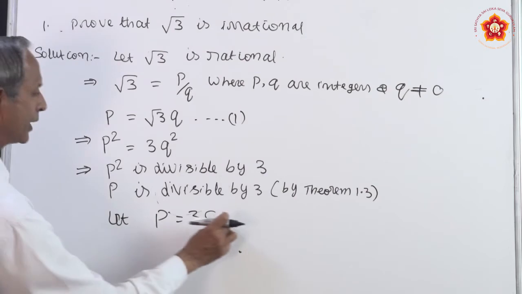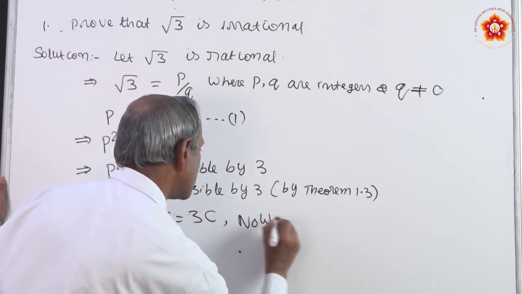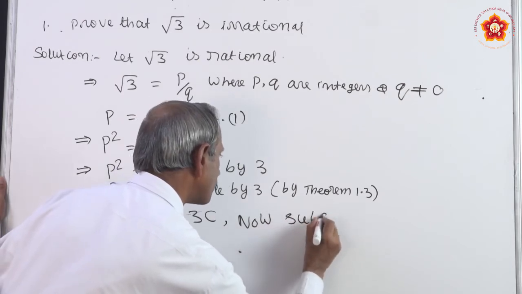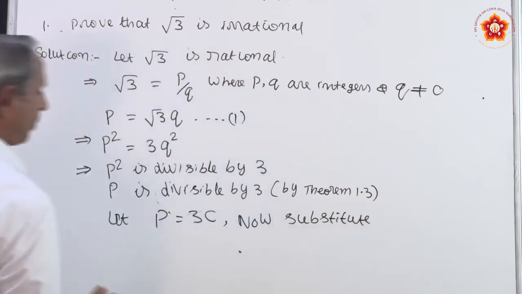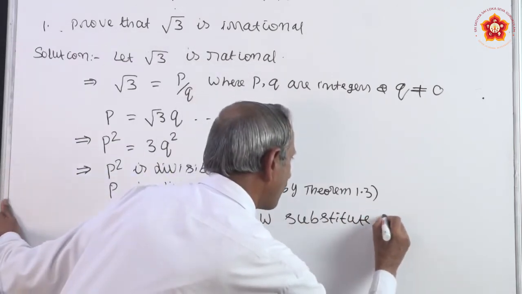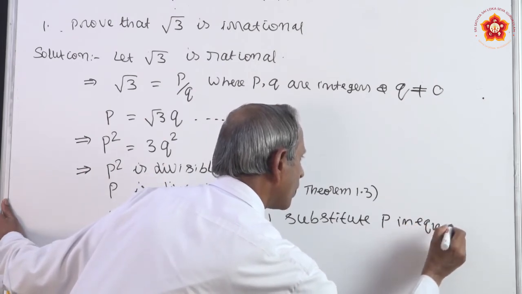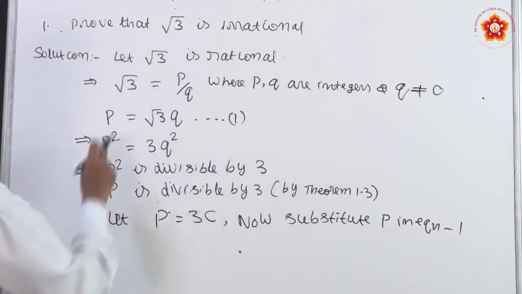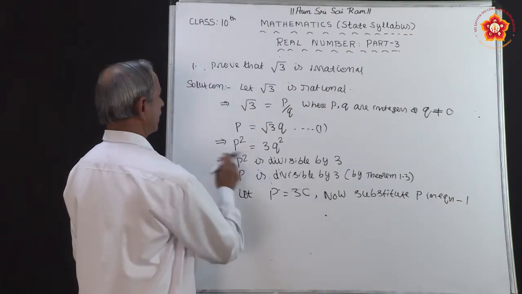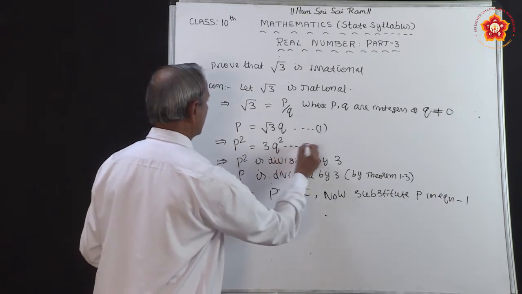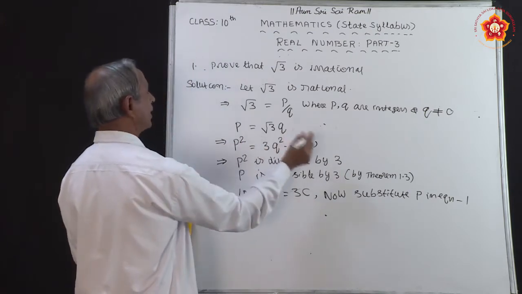Now substitute the p value in equation 1. In equation 1, p is here, therefore you have to substitute 3c here. Now I will substitute p equal to 3c in equation 1.